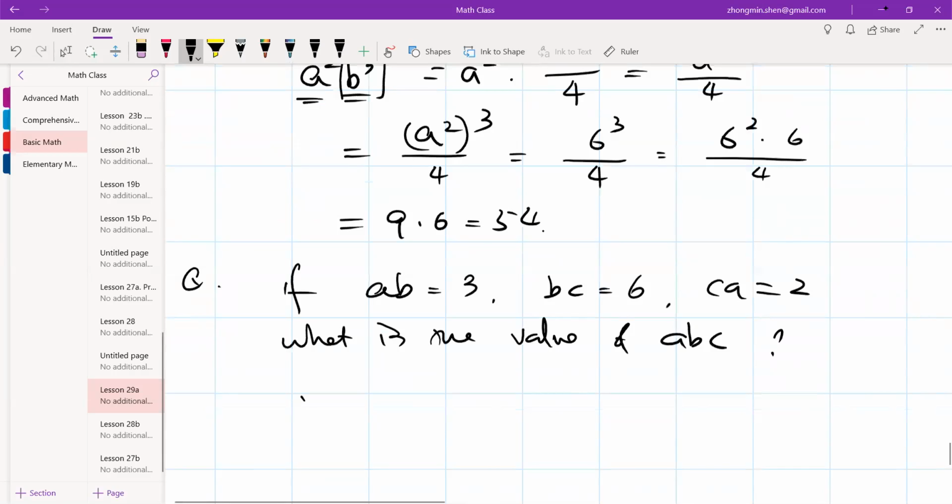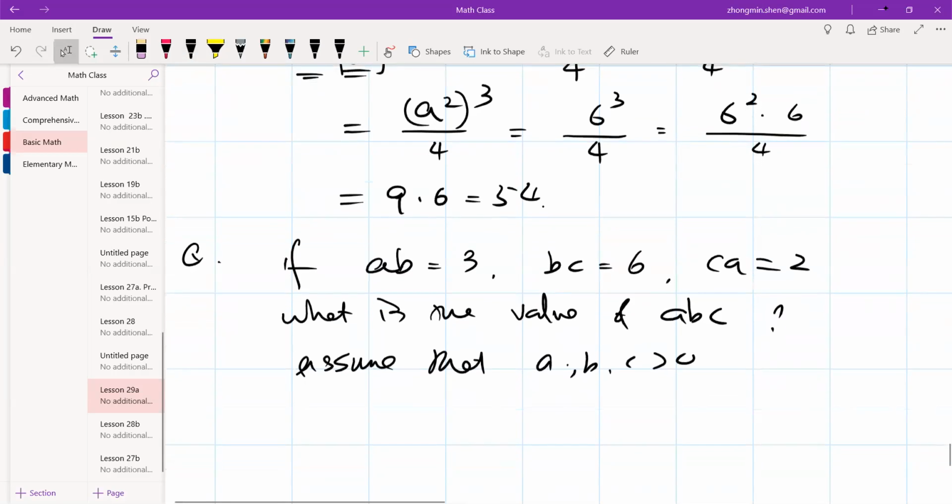Okay, how do you do that? Then we assume that A, B, C are positive.